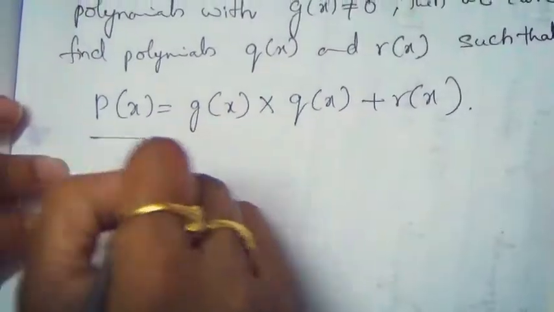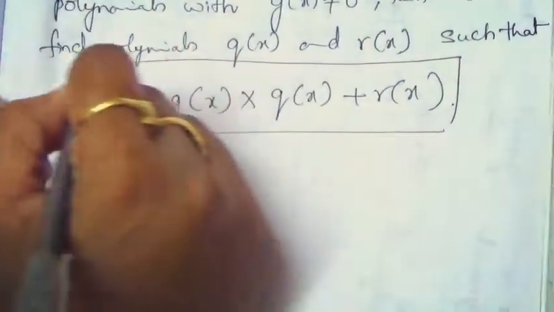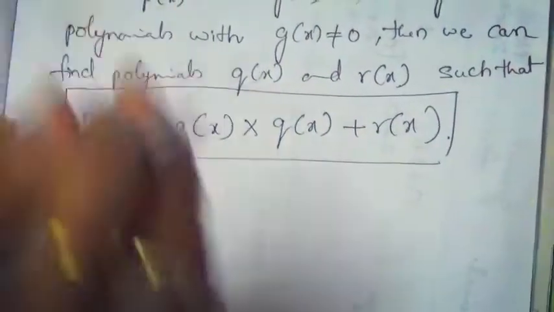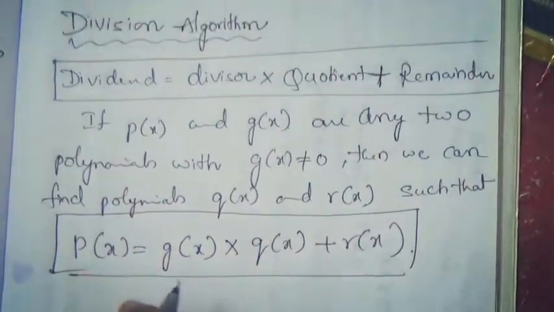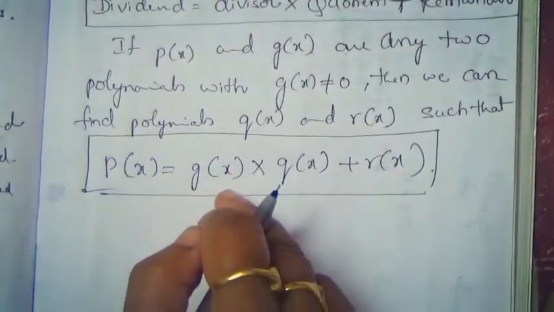It is the division algorithm for the given equations. P of x is one polynomial, g of x is one polynomial.